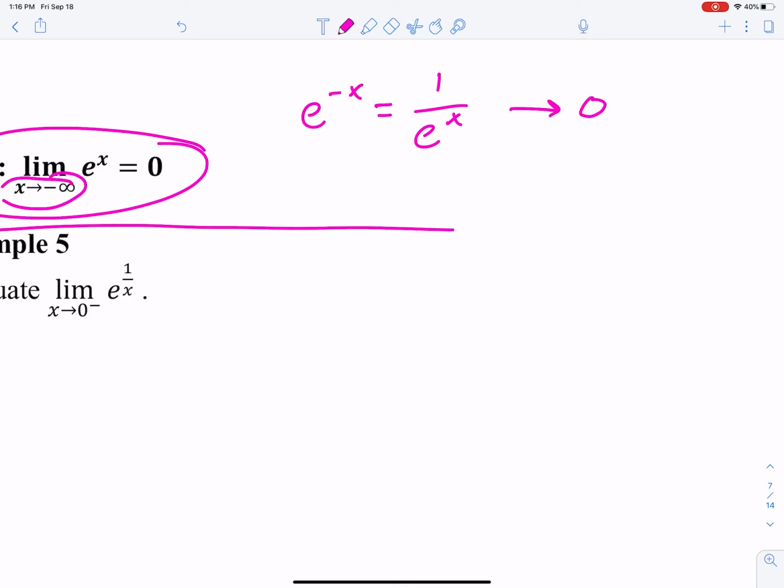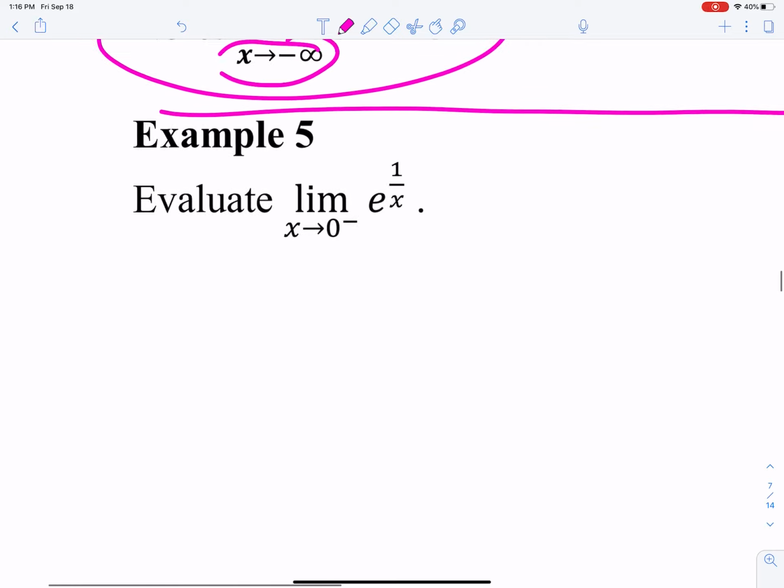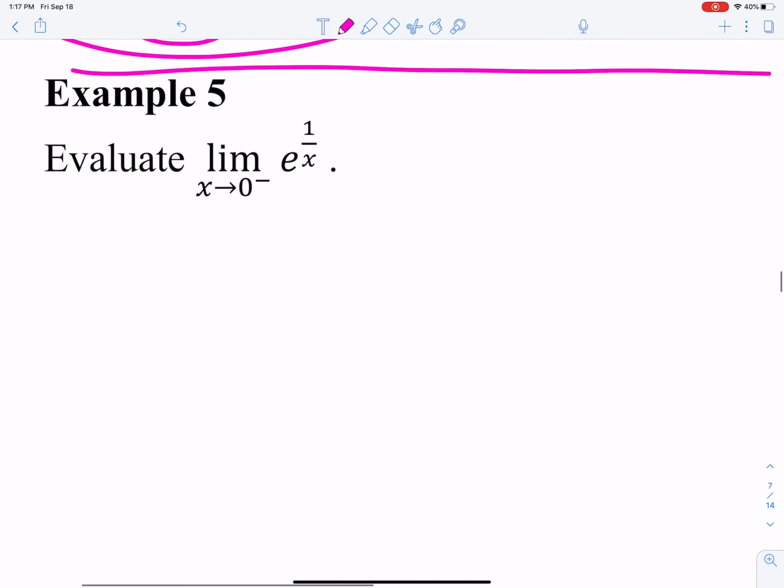That's an important concept right there. All right, so let's do this one. Evaluate the limit as x approaches 0 from the left of e to the 1 over x power. So this 1 over x is the exponent on e.